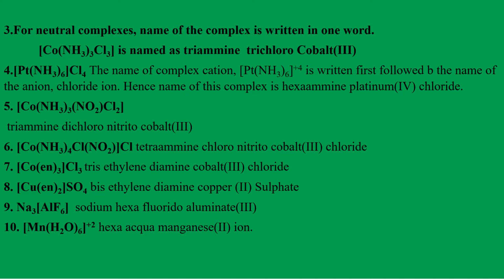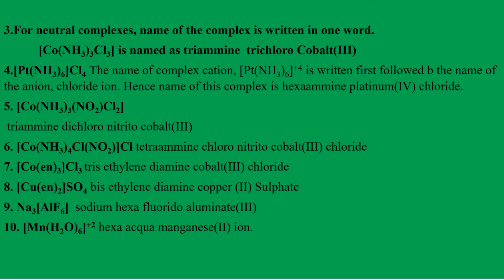When there is already di or tri or tetra in the names of ligands, and if there are more than one, what should be added as prefixes, students? Do you remember this rule?